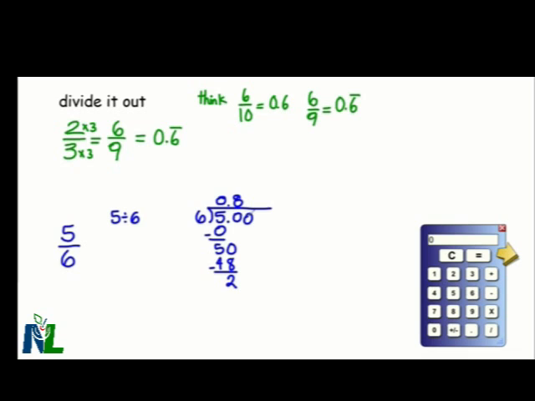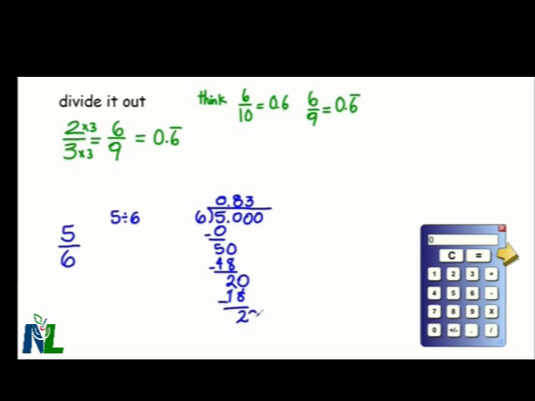Bring down a 0 from your top. 6 divides into 20 3 times. 6 times 3 is 18. Subtract. 20 take away 18 is 2.